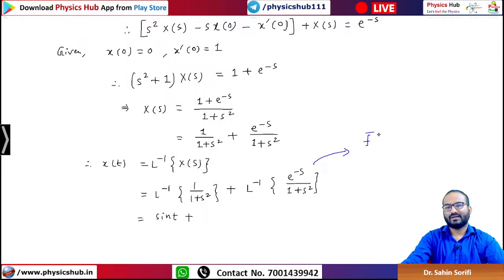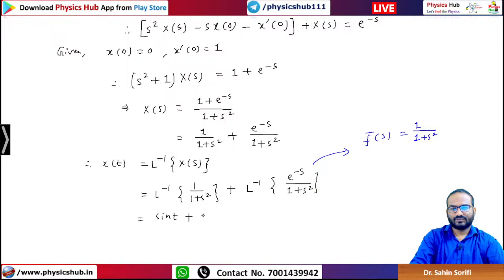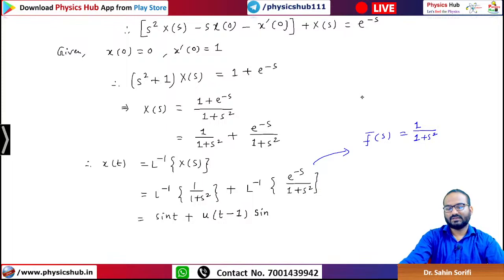Here you see f bar s is 1 by 1 plus s square, means sin t. So what you get? u t minus a f of t minus a, so a equals 1.